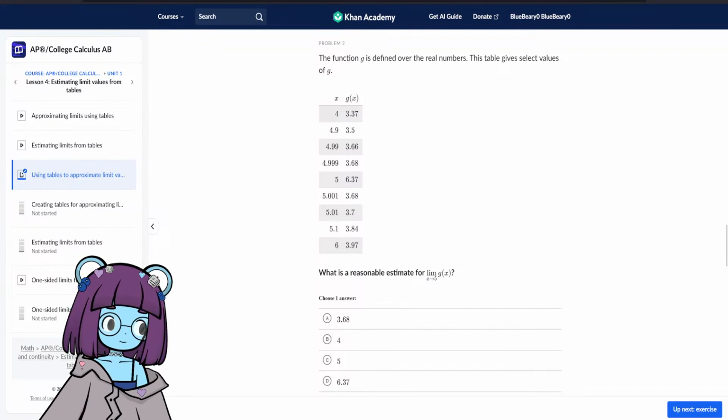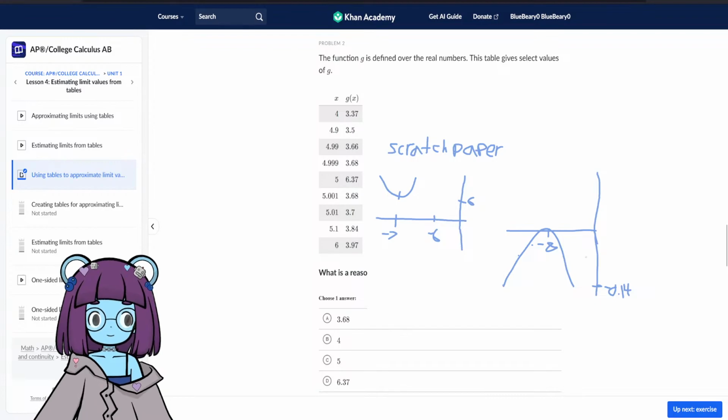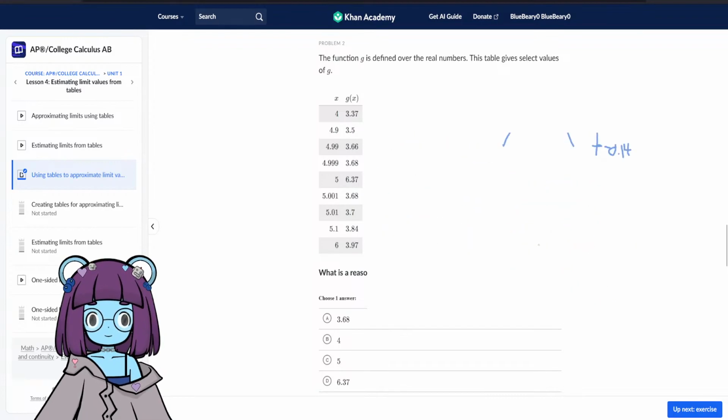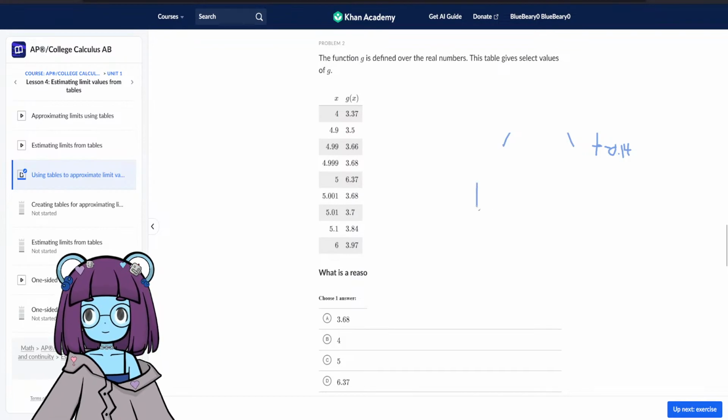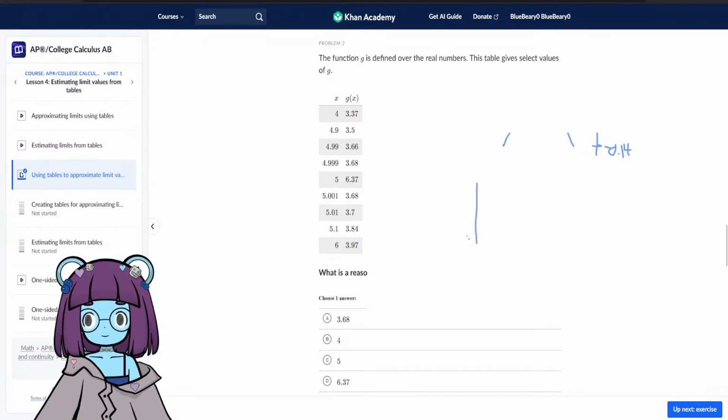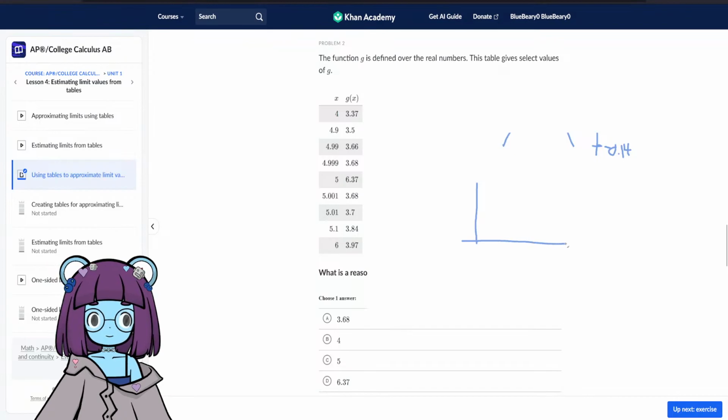Okay, I'm gonna draw this out. Scroll down a little bit for extra space. So let's have a graph like this. It's all positive. Let me mark 5.